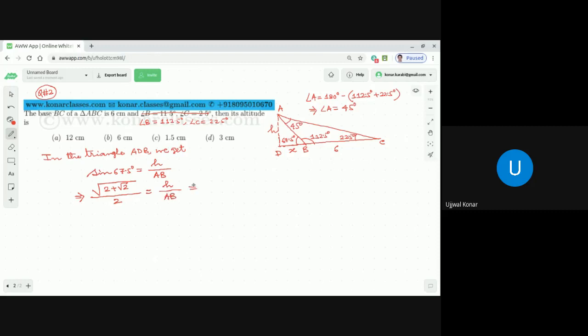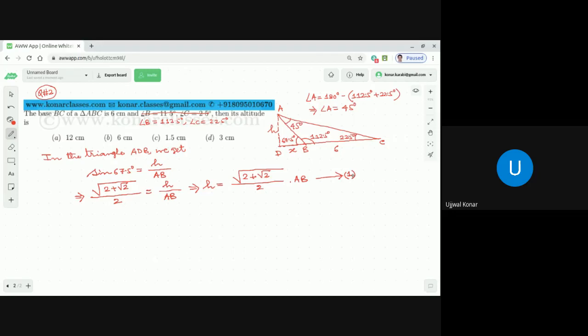So from here, the value of H is equal to square root of 2 plus root 2 divided by 2 into AB. We give this equation number 1.